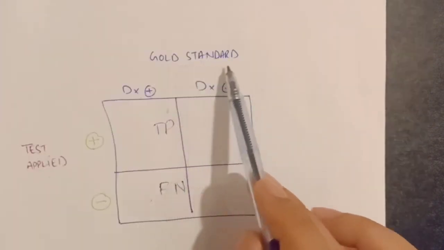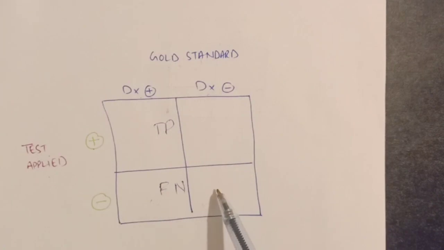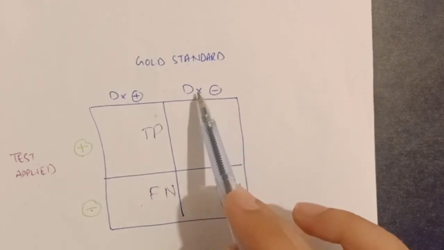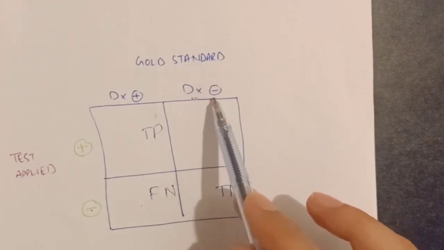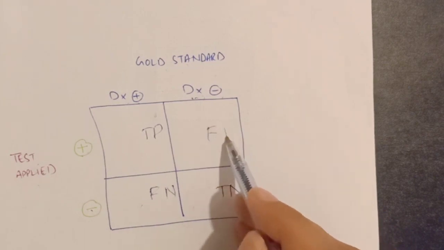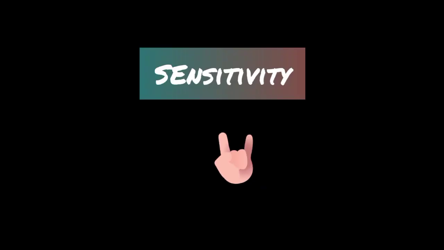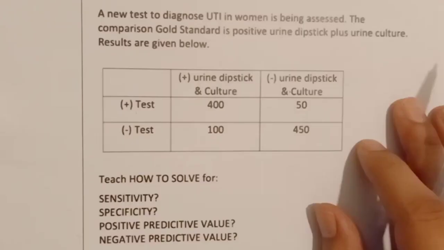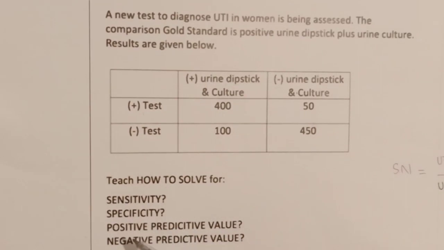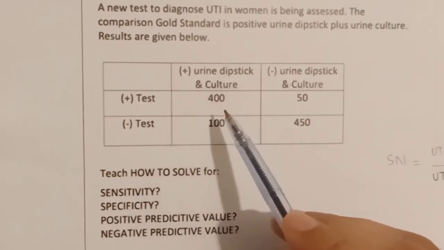Similarly, if the gold standard says the patient does not have the disease and our test also says negative, they are truly negative. But if the gold standard says they don't have the disease but our test says positive, they are falsely positive. So we will learn these four with the help of this example.